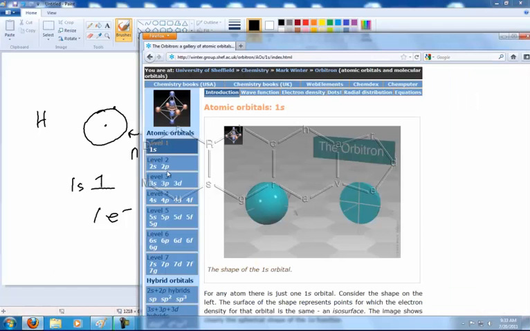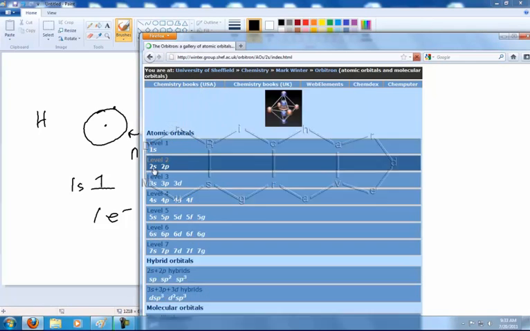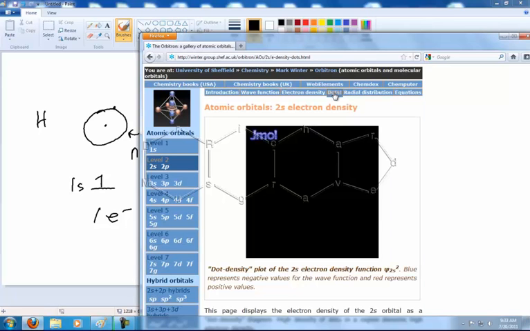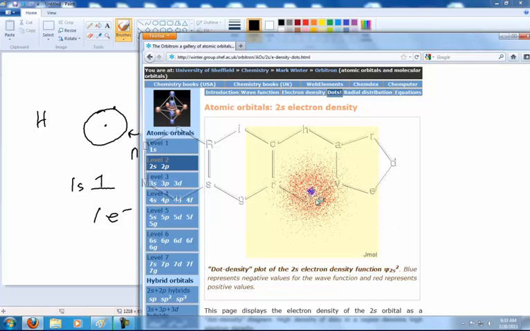Let's first of all look at the 2s, and these spaces represent the areas where, again, we could expect to find the 2s electron. Let's look at the distribution with the electrons. Give it a second to come up. Alright, so again you can see that we've got 2 separate distinct areas, and we've got this region here called a nodal region.